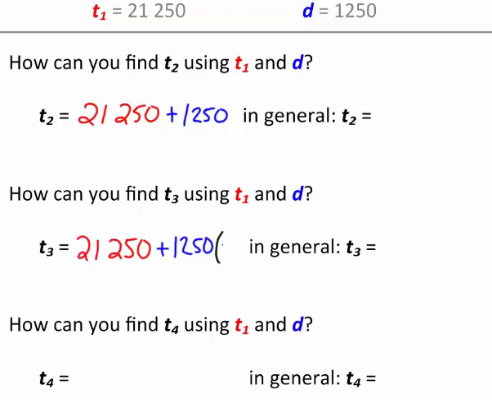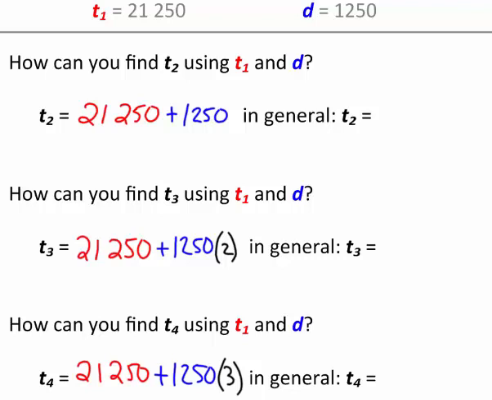So I'm going to write times 2. And one more time, with T4, or our fourth year, we know we started with $21,250. And we know that we're getting this raise of $1,250, but we've gotten the raise 3 years in a row, so I'm going to times that by 3.